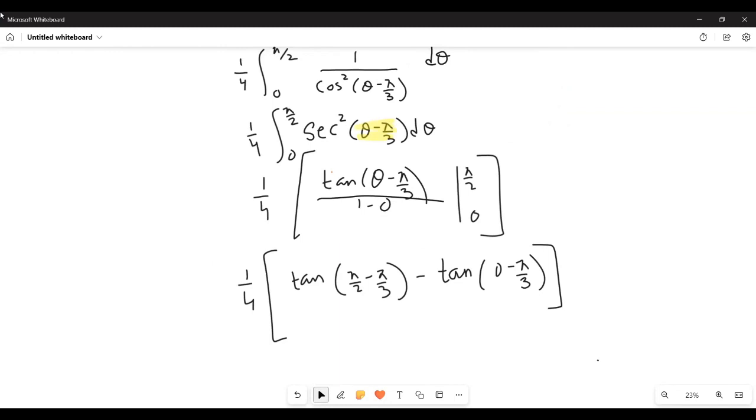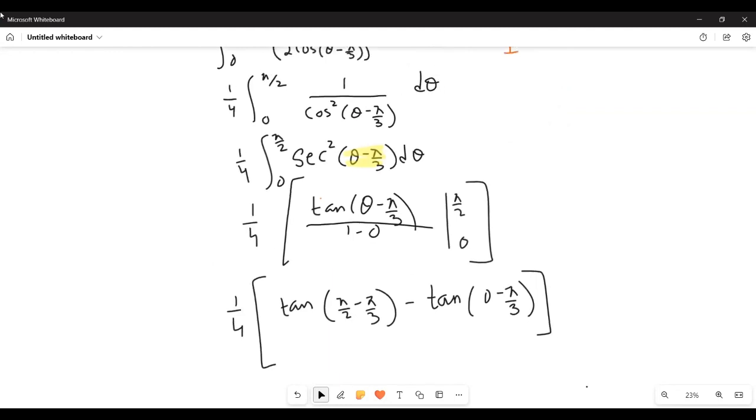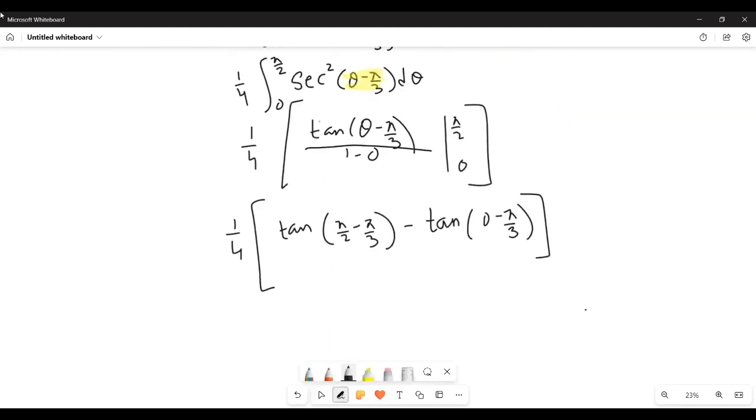Enter the entire thing in the calculator, and you get square root of 3 upon 3.